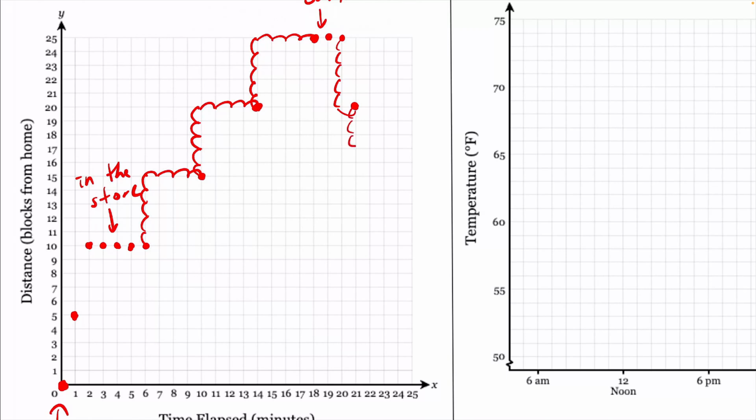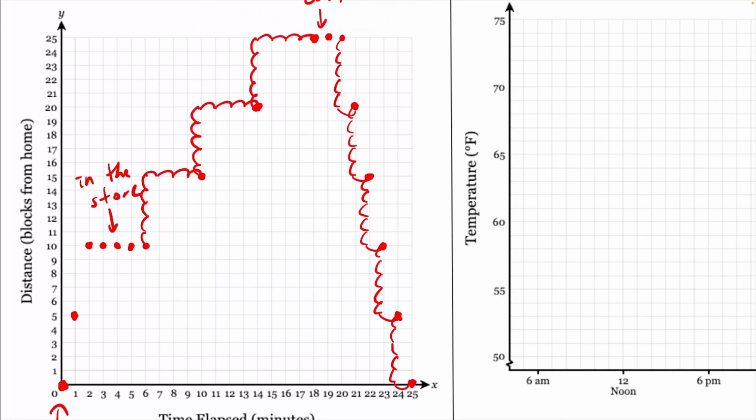1, 2, 3, 4, 5 blocks every 1 minute. I'm going to keep doing that till she gets home. 1, 2, 3, 4, 5. She's home.